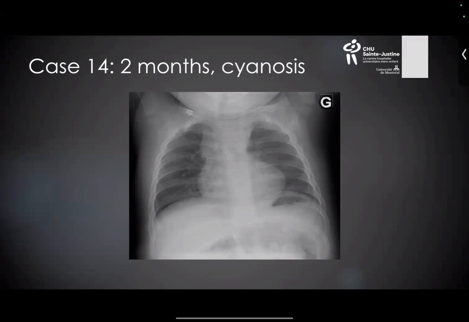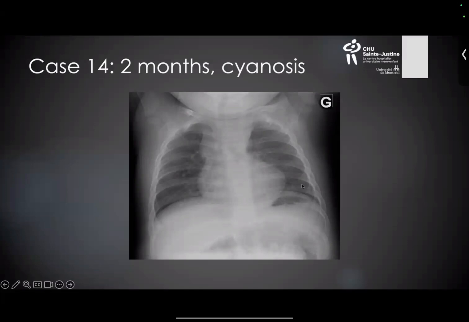So in that case, you have a 2-month-old baby with cyanosis. So it was probably saturating around 75-80%. So what do we have? You have a left aortic knob, left apex, left stomach, which is good. The heart is not big, so it's a small or regular size heart.